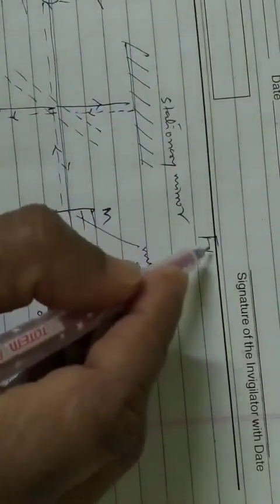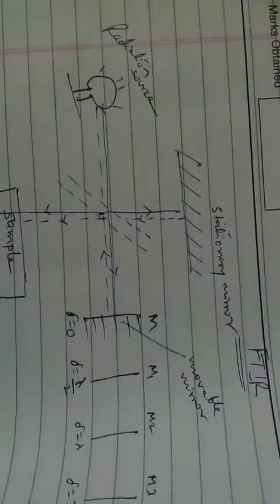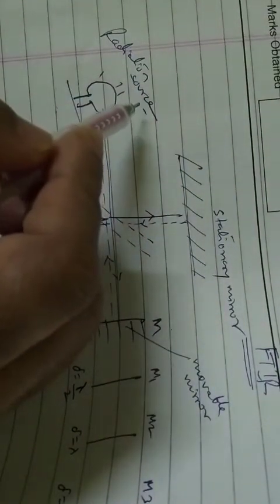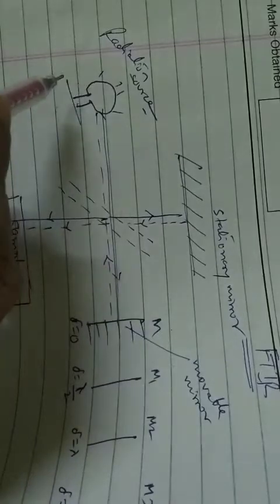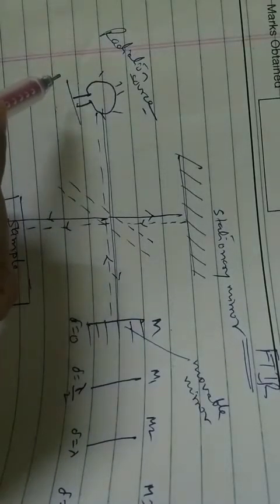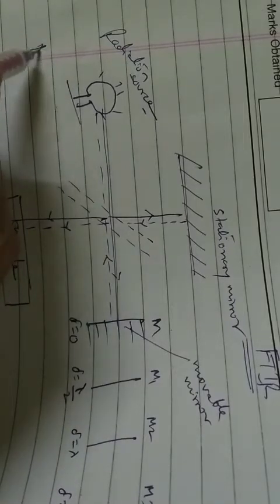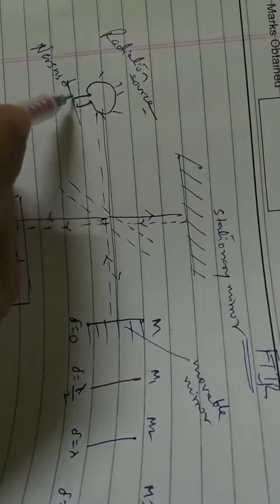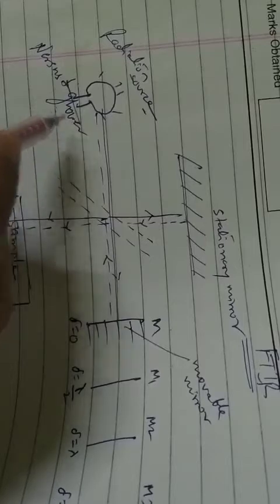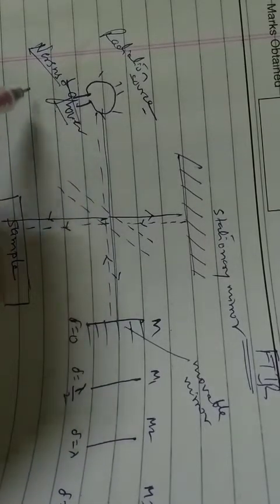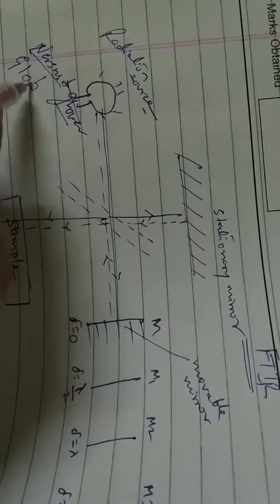FTIR, Fourier transform infrared. You can see it has a radiation source here. Usually the source used is called a Nernst glower, or sometimes they use a globar.